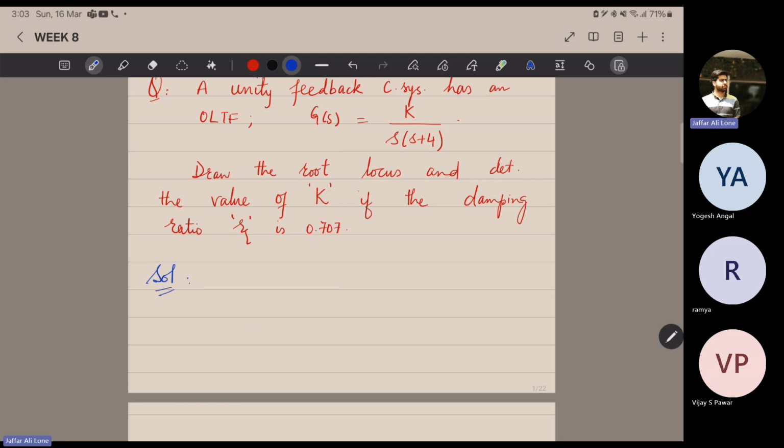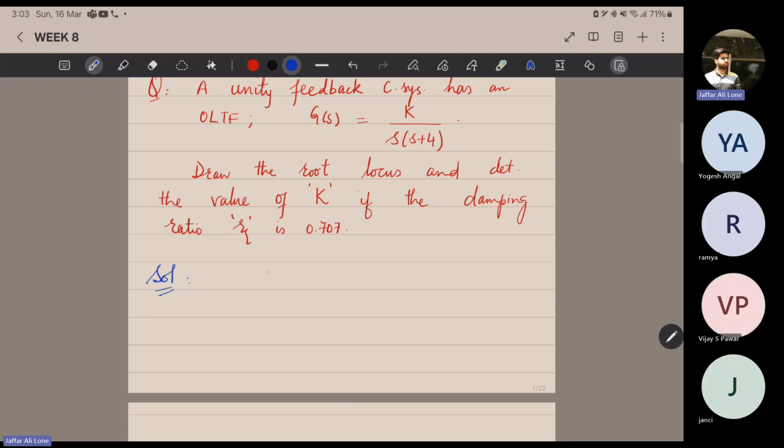So I'll be beginning with this question so that the rest of the analysis becomes easier and your root locus concept is also revised. So we are given an open loop transfer function G(s) as K divided by s into (s plus 4). We have covered this root locus stuff in detail, so I would assume that you all are aware how we draw the root locus, right?